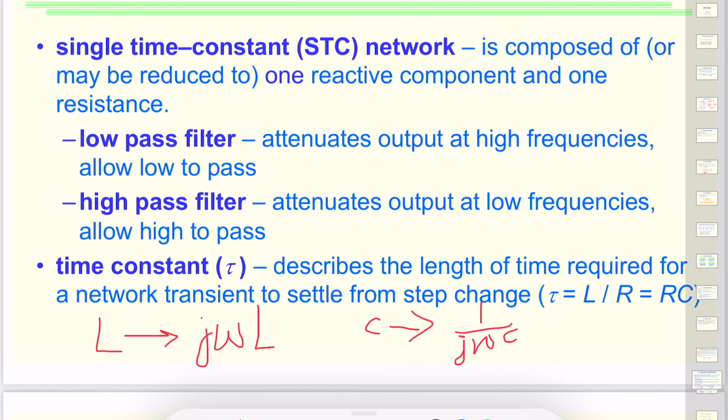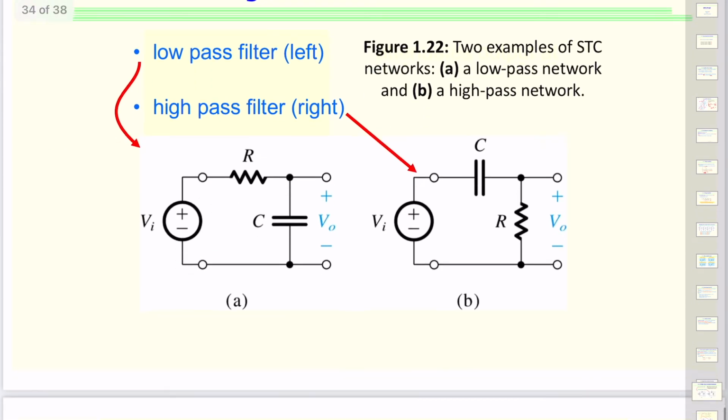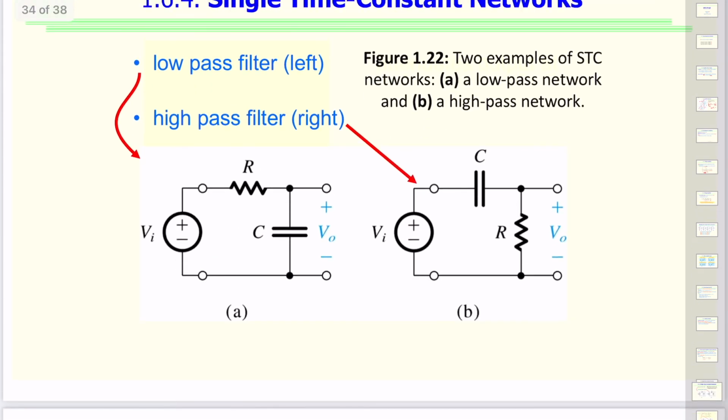Now, with this idea, we can create two kinds of filters: a low pass filter with a capacitance and a resistance shown on the left hand side, and a high pass filter where capacitor and resistance are shown the other way on the right hand side.